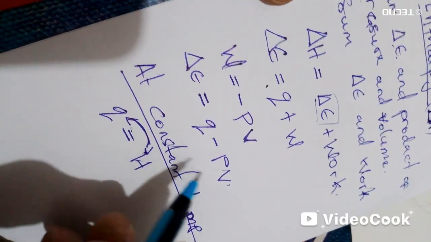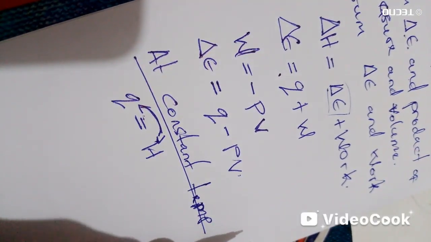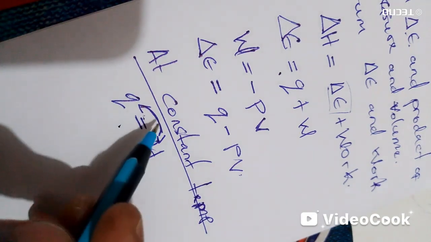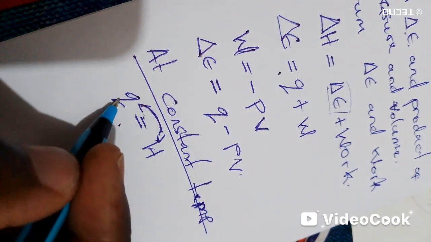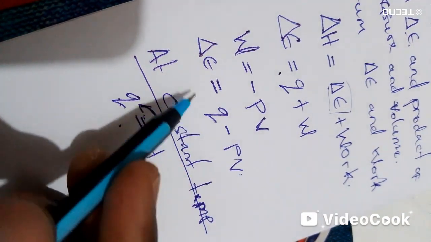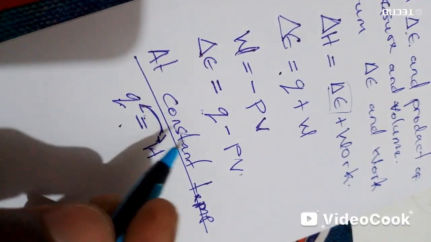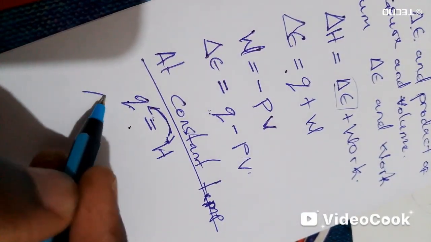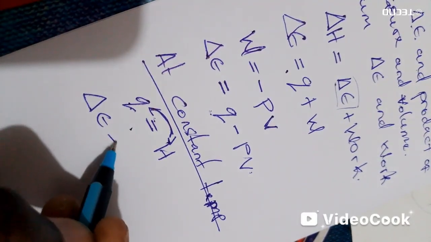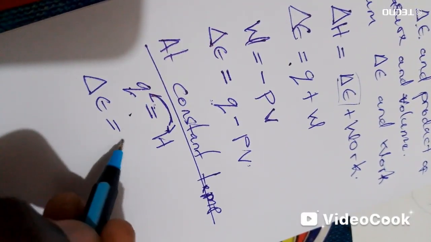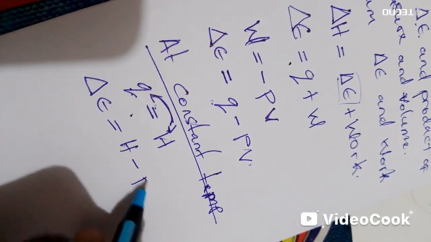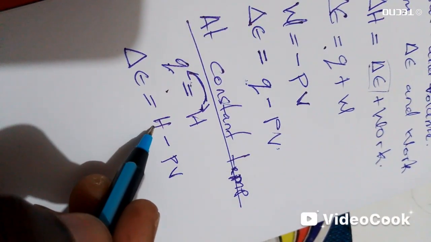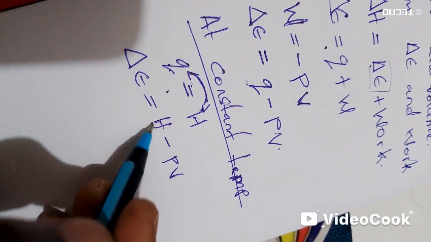Enthalpy is heat when it is at constant pressure. So this changes now: where there is Q, we replace it with H, and then we make H the subject of the formula. Since Q was heat, where there was Q, I'll replace it with H, minus PV.